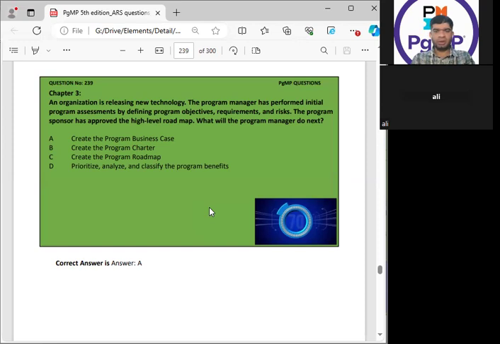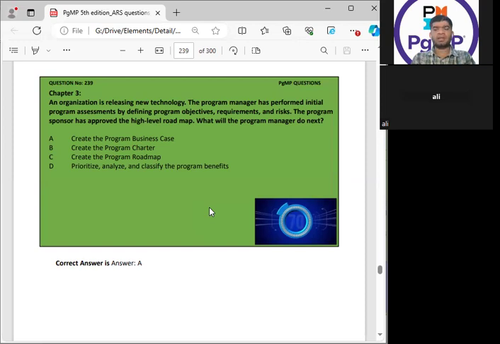In the formulation phase, the roadmap can be an option, the business case can be an option, the charter can be an option. And the fourth one is prioritizing, analyzing, and classifying the program management. This can also be an option.